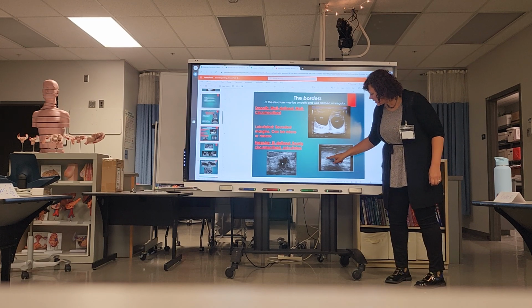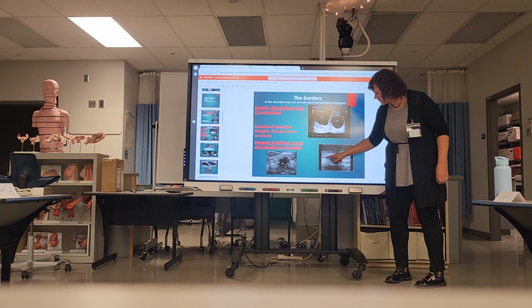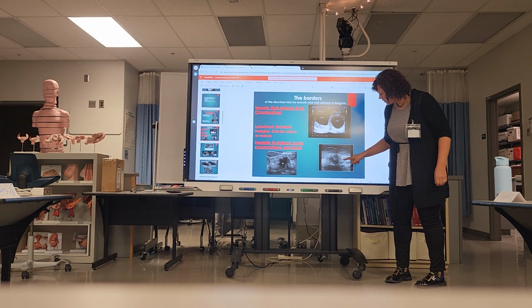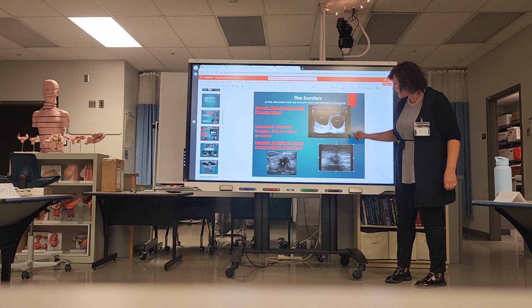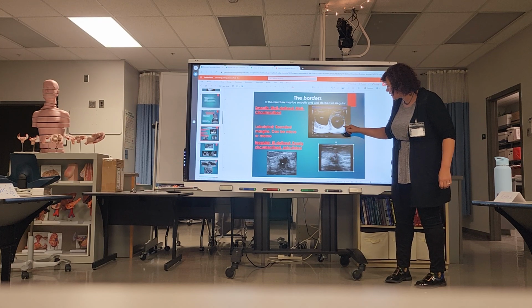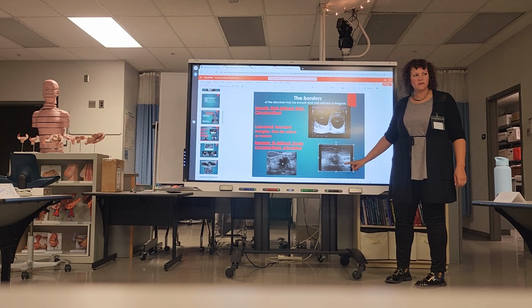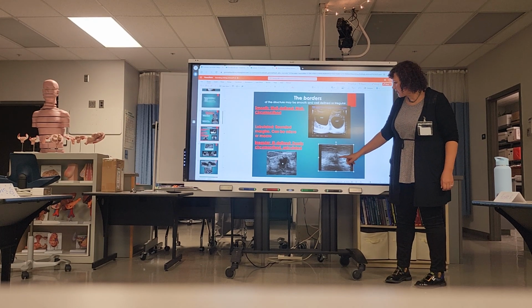We can kind of make it out, maybe enough to put some calipers on it, but it doesn't have a really nice wall around it like this one does. You see the difference? I would describe this as an irregular, ill-defined border, or poorly circumscribed.